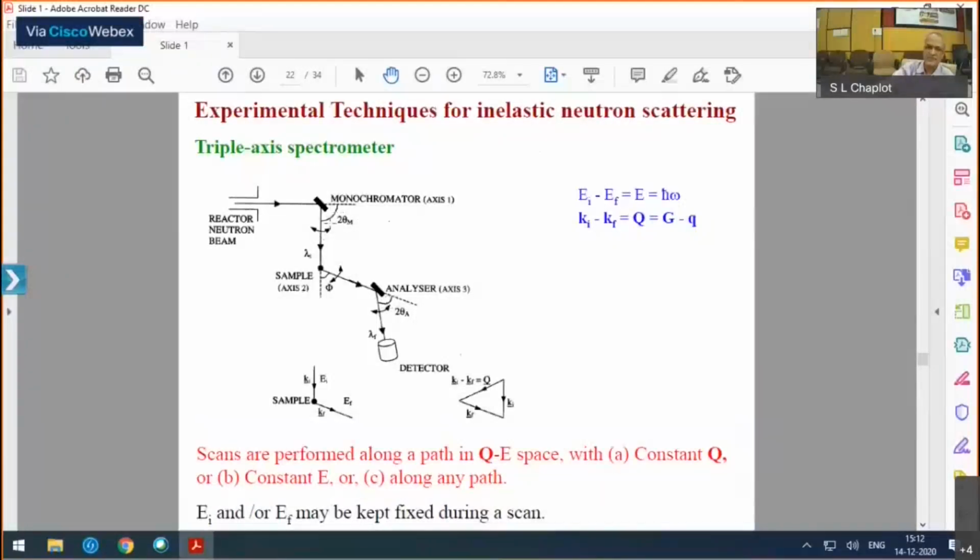So these are the typical numbers: the mosaic planes or Bragg planes in the monochromator have a spread of about half a degree or 1 degree, and typically we have a few percent of the energy as the resolution, and similarly a few percent resolution in the wave vector space.